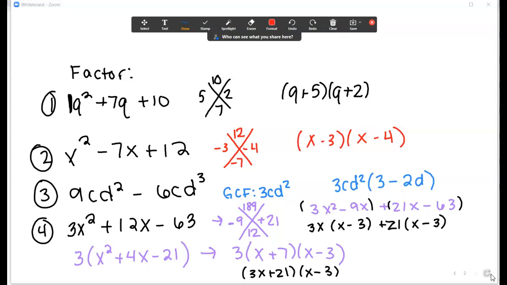If you had 3x minus 9 and x plus 7, that's okay. No. Think about x plus 7 squared. That would be x squared plus 14x plus 49.